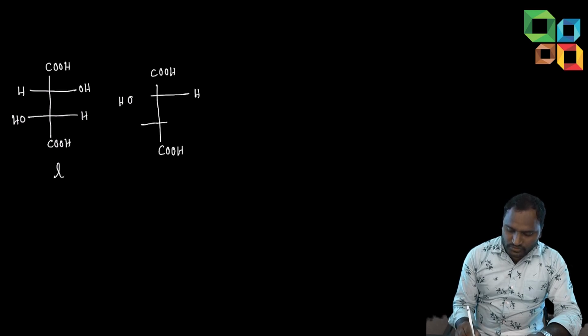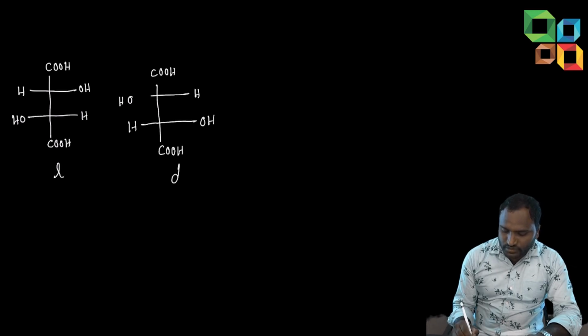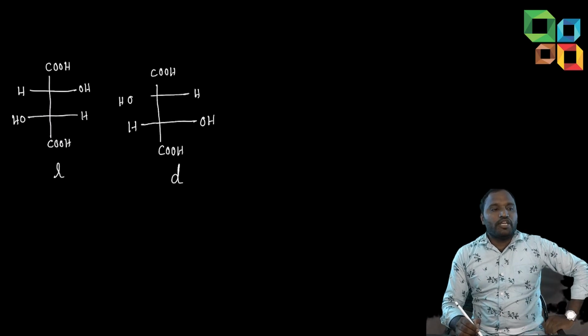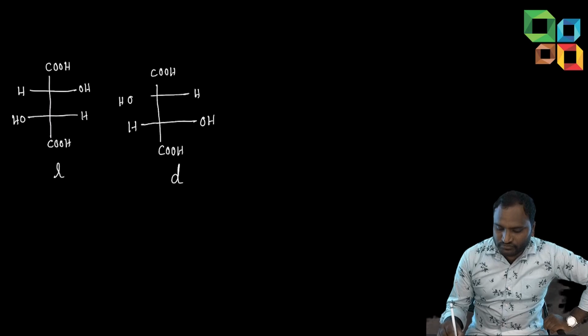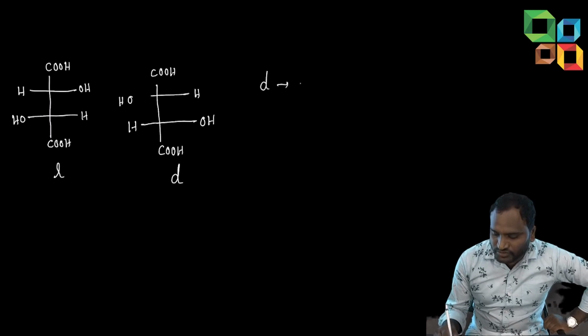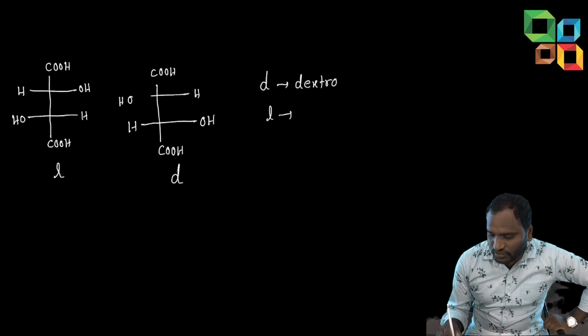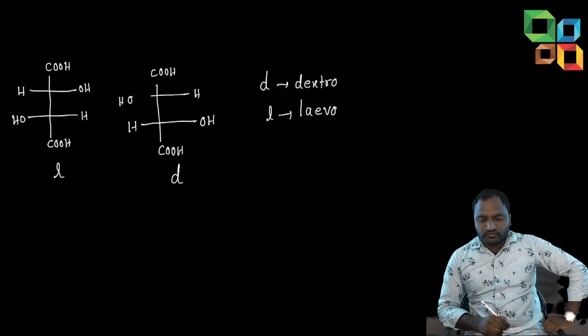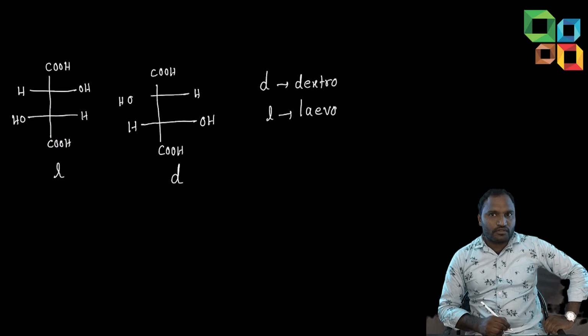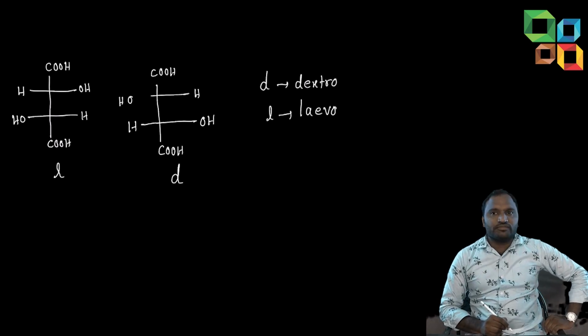Look at the side, students. Tell me. D form. D form. D for dextro-rotatory, L for levo-rotatory. D for dextro means right side. L for levo means left hand direction. Can you identify, students?